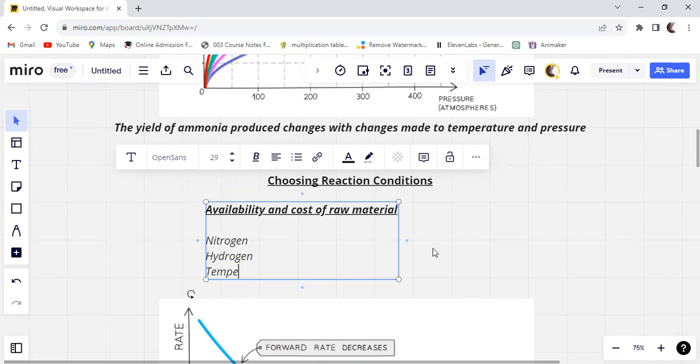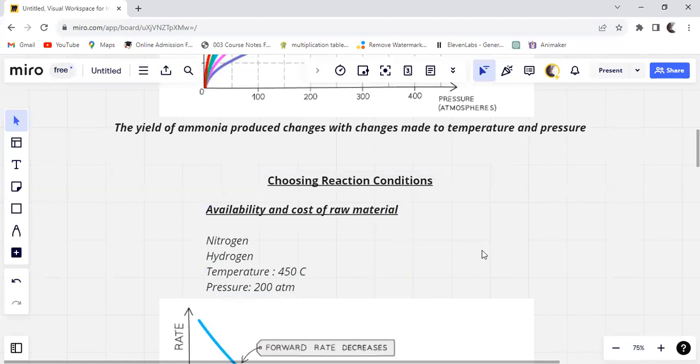So temperature was maintained, in the case of the Haber process, at 450 degrees Celsius, and the pressure was maintained at 200 atm during the process for the production of ammonia. So why have the industrialists maintained these conditions? This question must come to our mind.